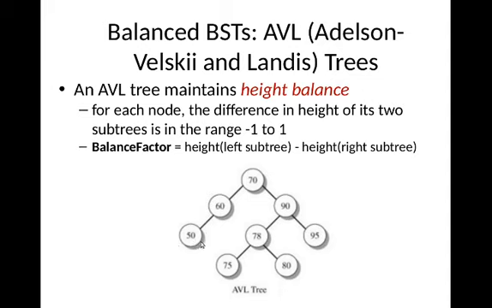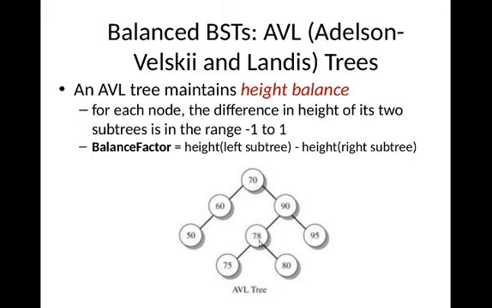That means balance factor at 50 is 0. When we talk about the balance factor of 60, it is the difference between the height of 50 and the height of the none node. That means balance factor of 60 is equal to 0 minus -1, that is 1.